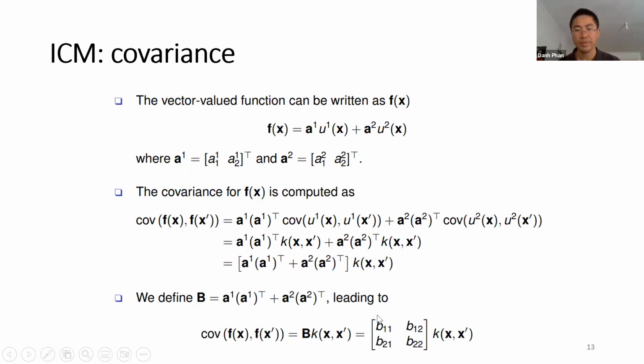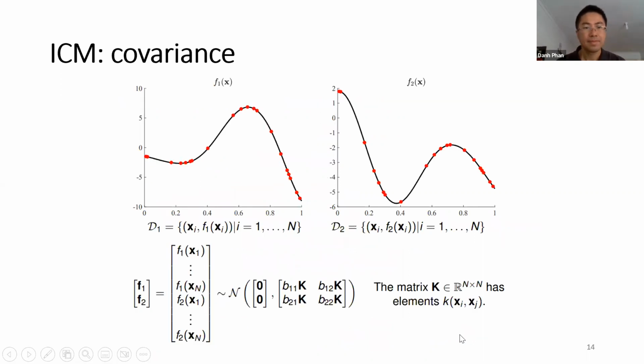So that's why we can also represent it as the matrix here with 4 elements of B. So in the end, with ICM, if we have two data sets and we stack the latent vectors together to form a bigger column vector here, it will be a multivariate normal distribution of a mean vector here, and with this new covariance function, right?